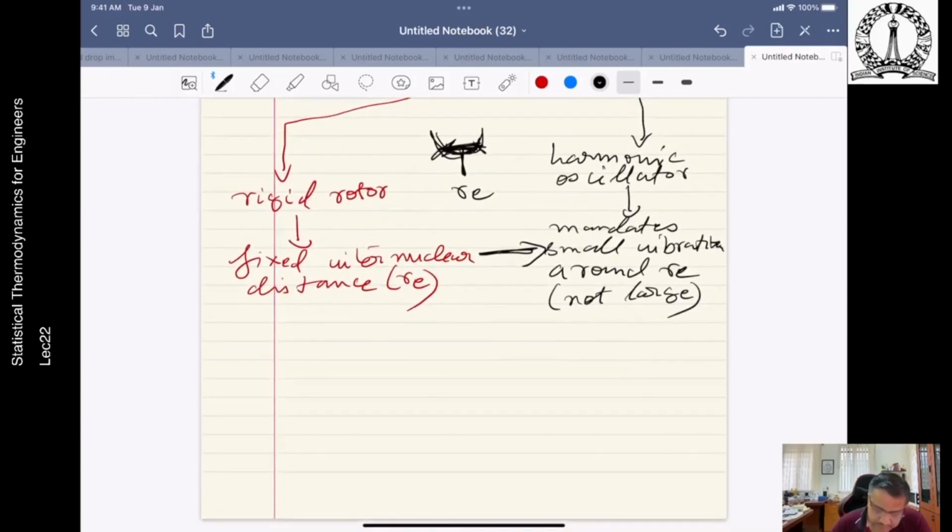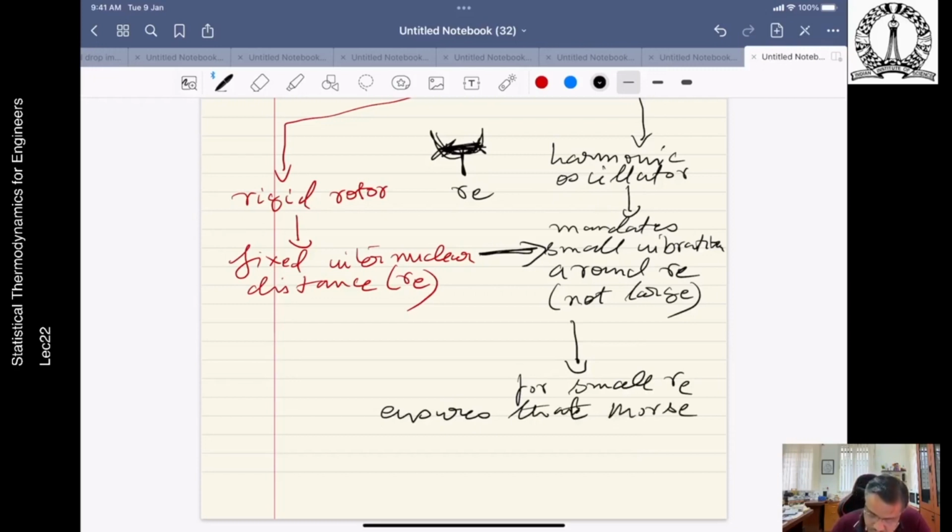So what it implies is that for small vibrations about R e, the Morse potential is well approximated by the harmonic oscillator.